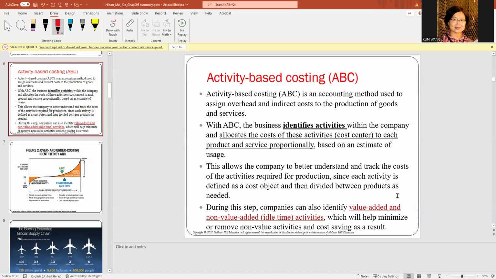So by doing this, not only can we identify the cost drivers, lots of the times the managers may find we already take for granted some of the cost. We think they are recurring, so you put it in your annual budgets, monthly budgets. But after detailed analysis, you actually found that they are not necessary, or you can reduce the cost. Like some of the procedures or processes are really not needed.